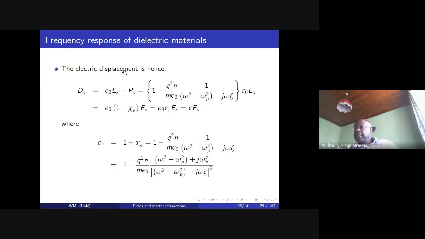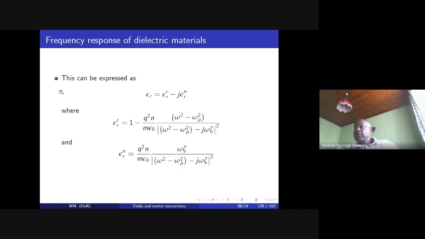So the dielectric displacement is therefore going to be given by what we said is the free space displacement plus that due to polarization. And we see that that becomes that equation, and we can always express that in the following form, where epsilon r is of course going to be given by 1 plus chi e, and we see that 1 minus that value multiplied by that.